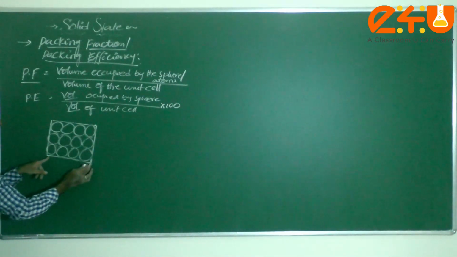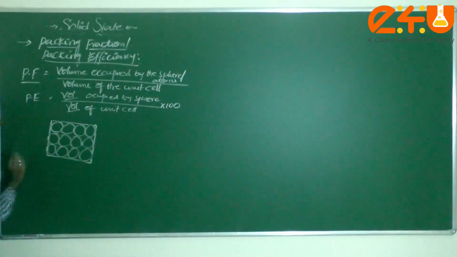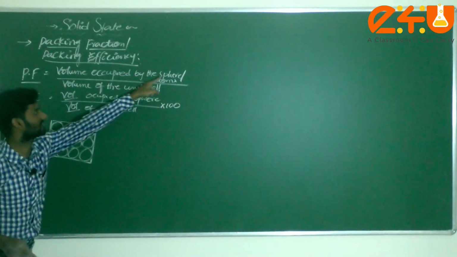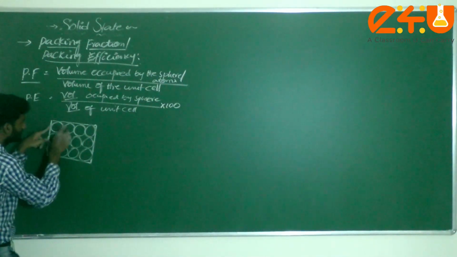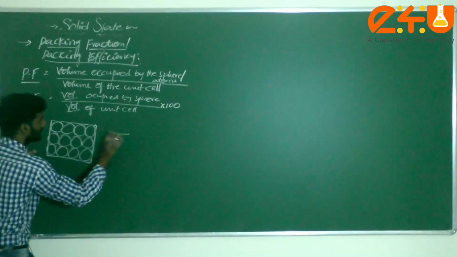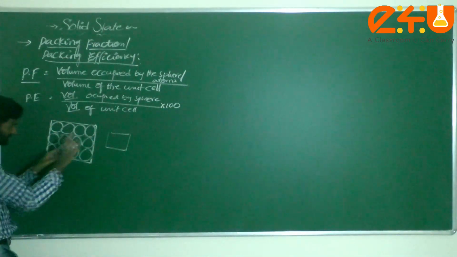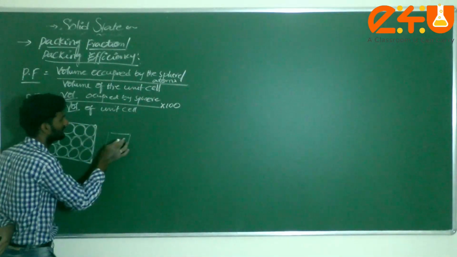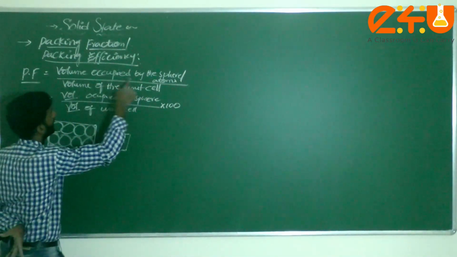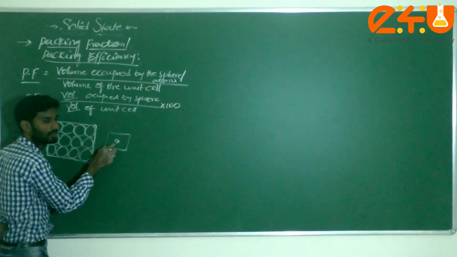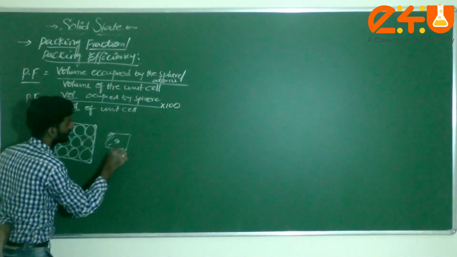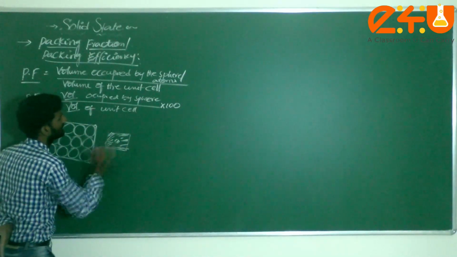All the atoms are occupied in this particular lattice. This part is the volume occupied by the atoms. Next, what about the total volume? This entire thing is called the volume of the unit cell.